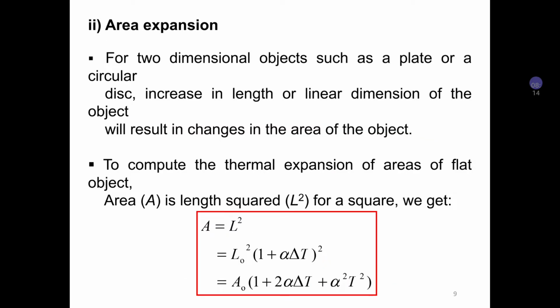The second one you can look at is area expansion. Some objects will also change in their area, for example a two-dimensional object or plate. When they have an increase in length, they usually will increase their surface area.